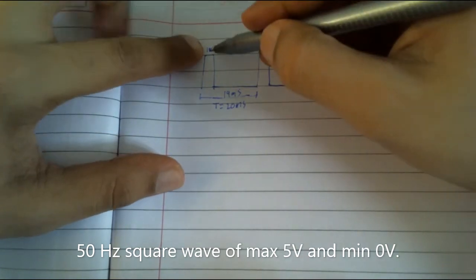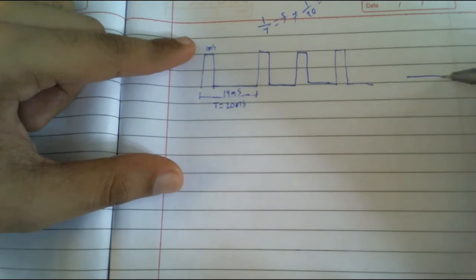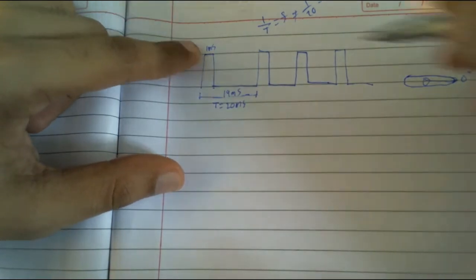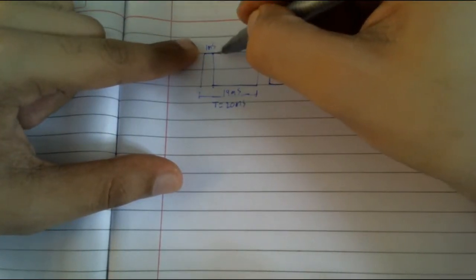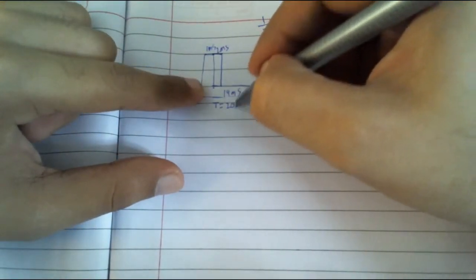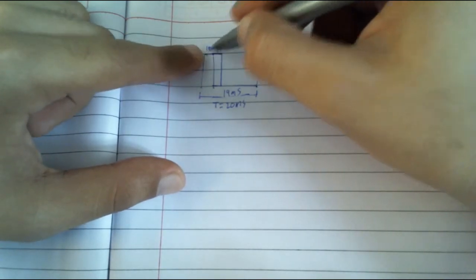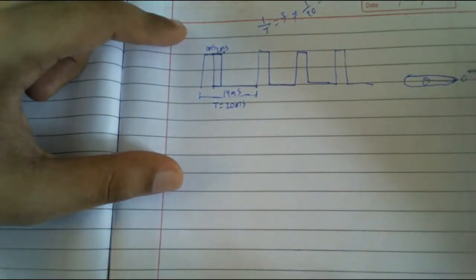When we have a 1 millisecond on time, the motor position is at 0 degrees. This is the shaft, and now it is at 0 degrees. As we go on increasing the pulse width to 2 milliseconds, with the time period constant at 20 milliseconds, going from 1 millisecond to 2 milliseconds, we rotate this servo motor from 0 to 180 degrees.